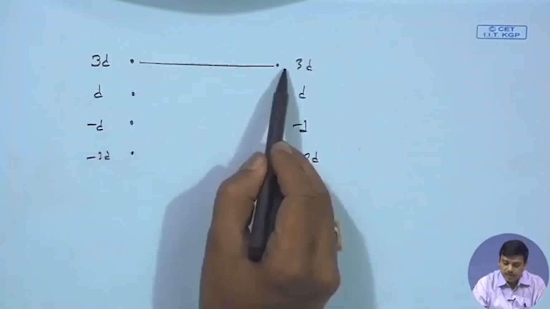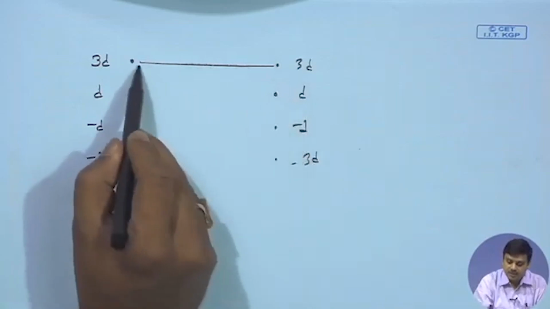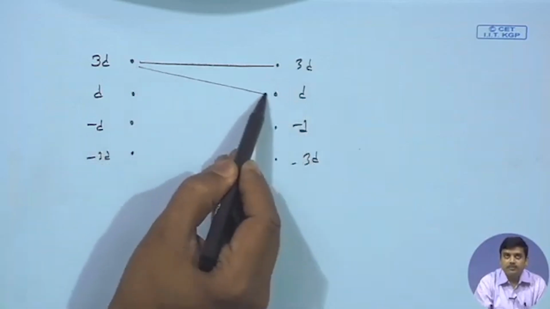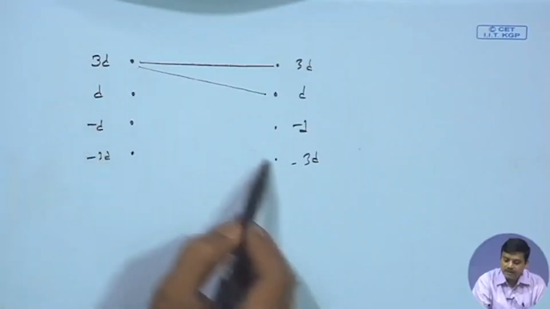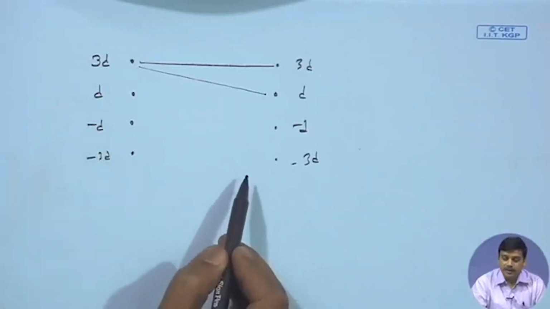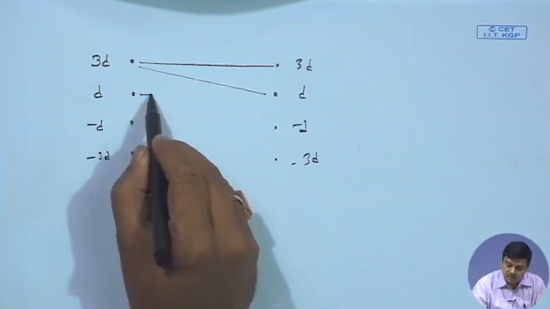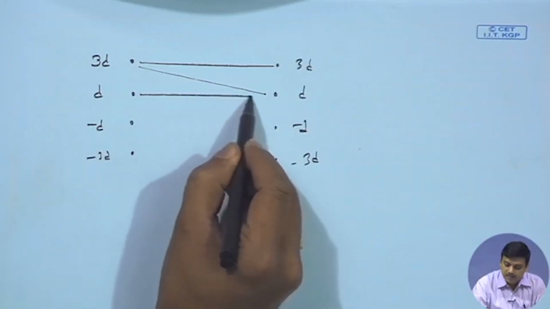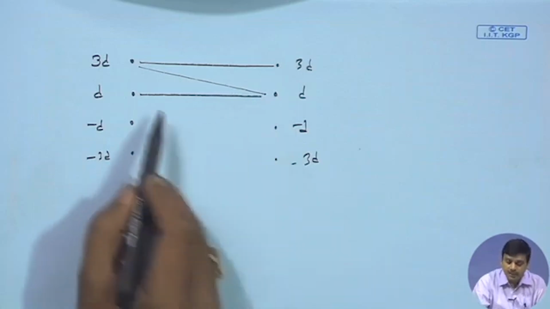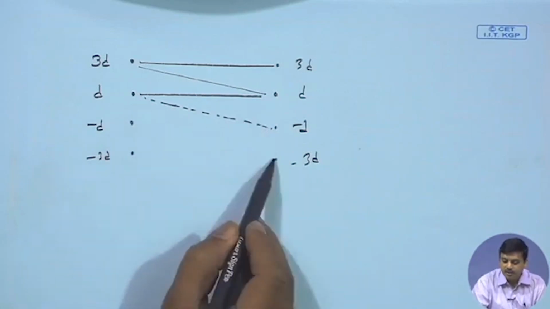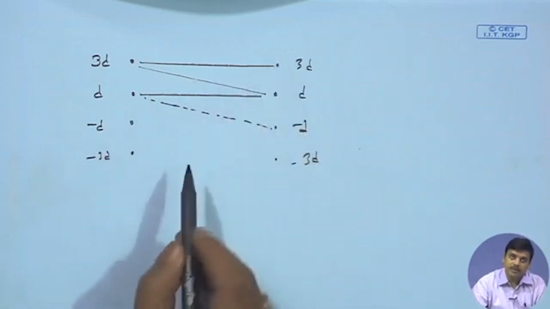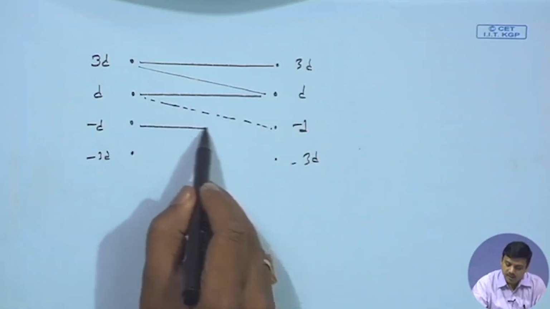There is a certain probability of a symbol remaining the same, and a certain probability that it becomes D. Suppose the channel and the whole communication system is such that it does not become minus D or minus 3D. In a similar manner, suppose we take D: there is a probability of it becoming D and a probability of it becoming minus D, but it does not become minus 3D or 3D. Similarly for the others.